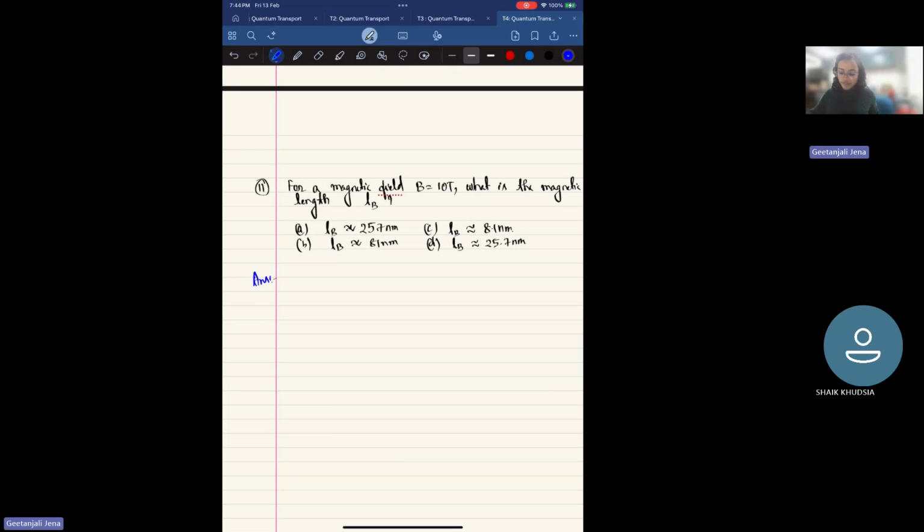For a given magnetic field, B is 10 Tesla. What is the magnetic length LB? B is given as 10 Tesla. What is the magnetic length?